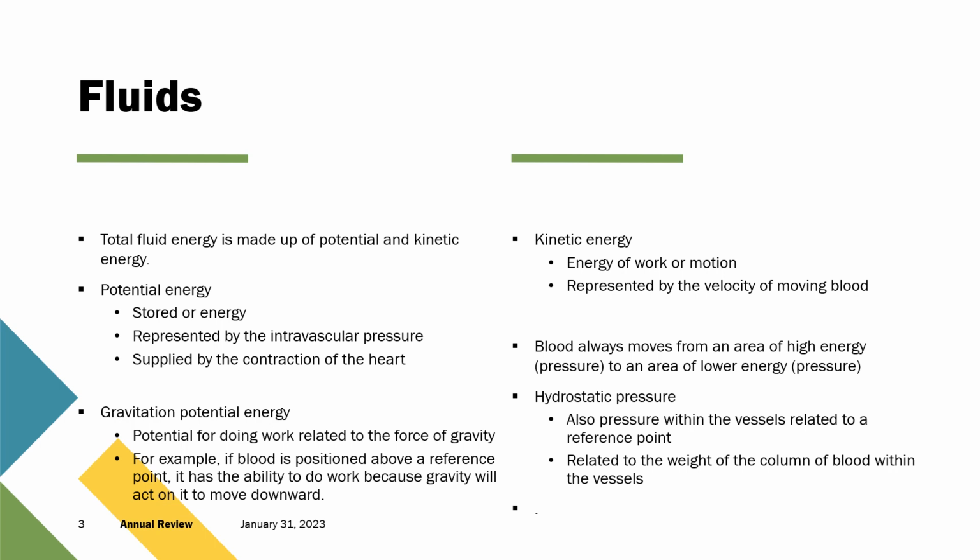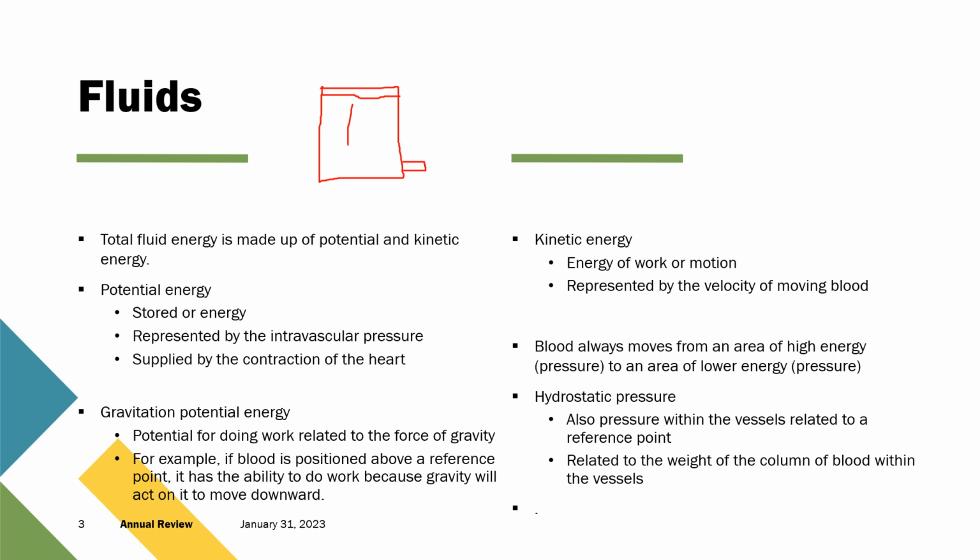So the total energy that a fluid has is going to be made up of potential and kinetic energy. One way you can think about this is if you fill a container full of water and add a little spout, if you have a lot of water in there, that's a lot of potential energy because the fluid has a gravitational pressure on it, and yet it's not necessarily all moving out the spout at one time.